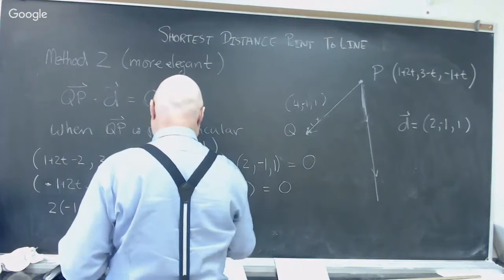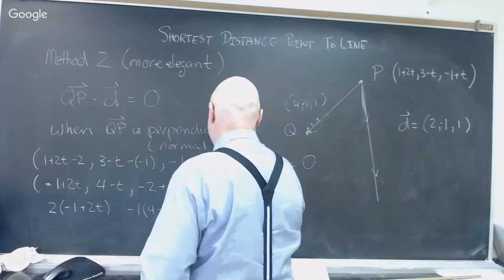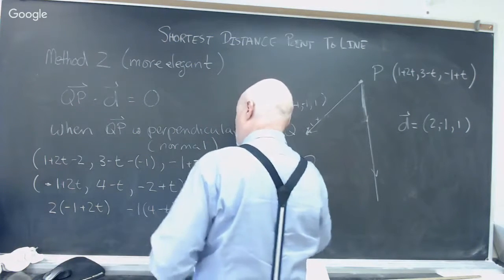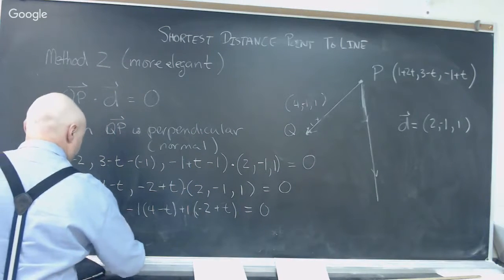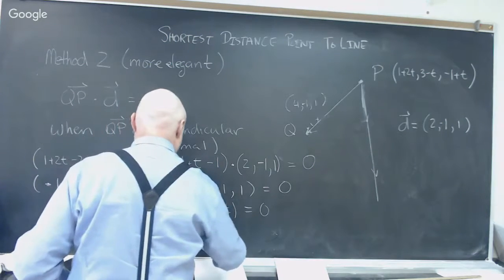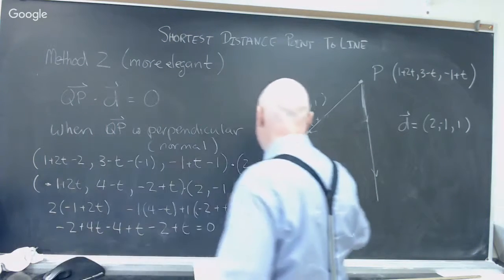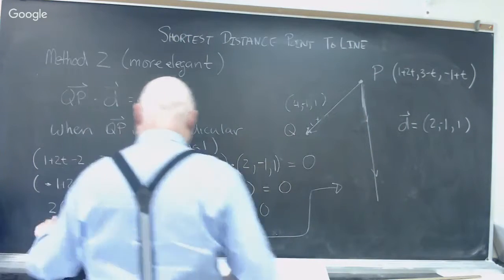Oh, yeah, okay. -2 plus 4t minus 4 plus t minus 2 plus t is equal to 0. Wow, this is going to be a miracle if I haven't made a mistake.